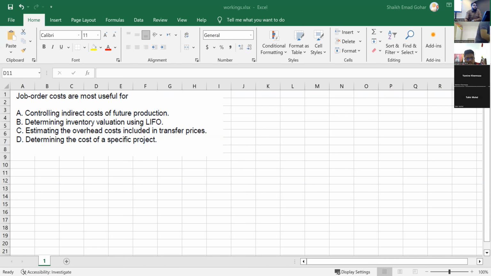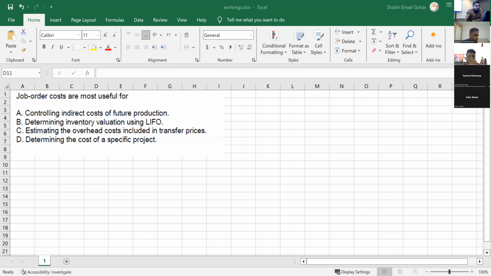So remember, in job costing we have a specific job, a unique job, a customized job, right? So when you say inventory method and these types of things, they are not in job costing. We have these things in other methods.